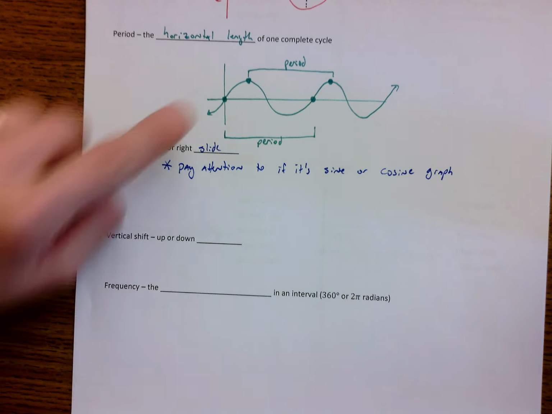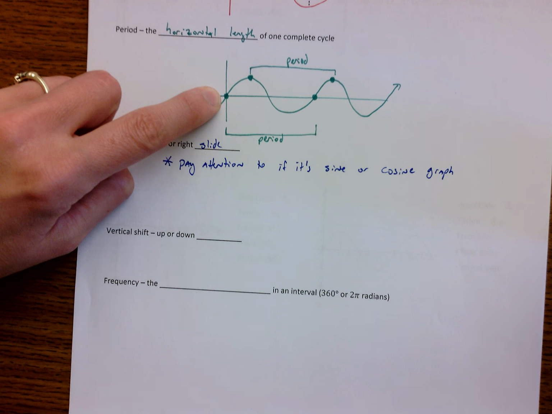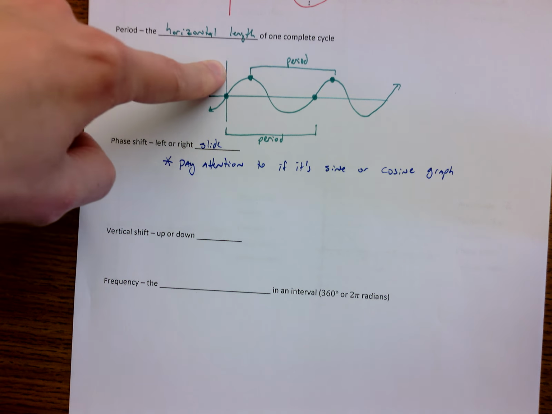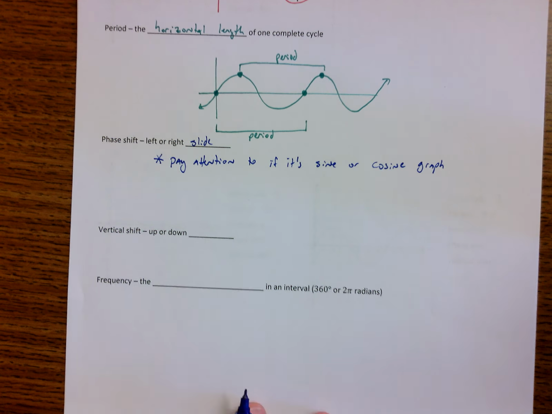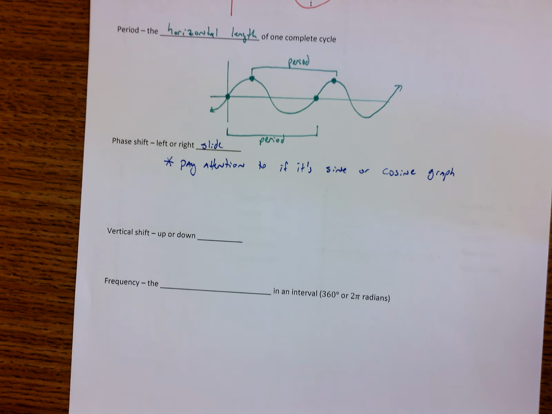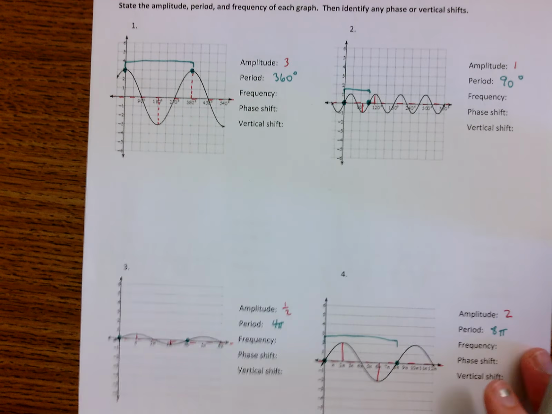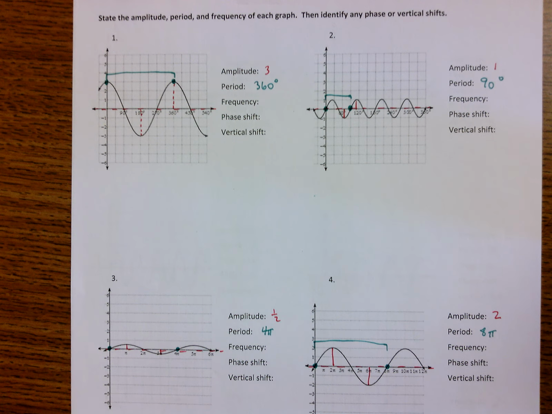Well, because a sine graph starts at 0, 0, but a cosine graph by default starts at 0, 1. So figuring out what kind of a phase shift you have really depends on what kind of graph you started with. Now for the sake of making our lives easy, we are going to assume that every graph in these examples is a sine graph. So we're assuming it's a sine graph and it's supposed to start at 0, 0.